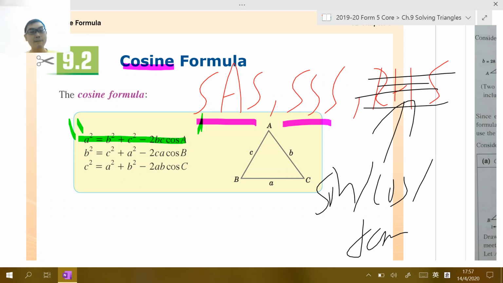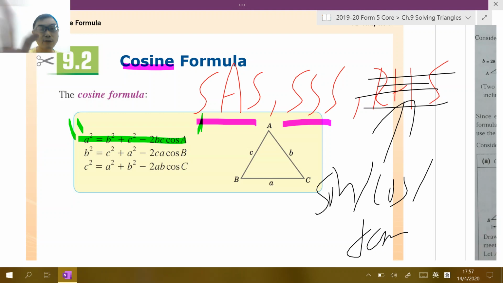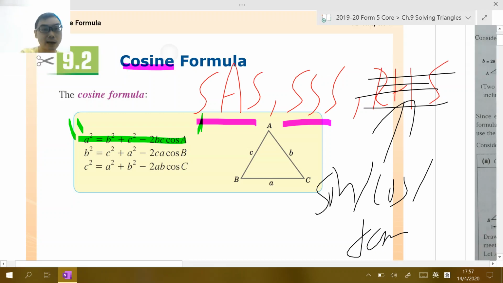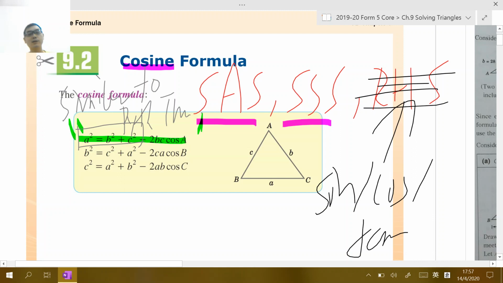If you cover the last part, you see a squared equals b squared plus c squared, which is very similar to Pythagoras' theorem. But actually this is not Pythagoras' theorem, because you are not dealing with a right angle triangle. So I will just say it is similar to Pythagoras' theorem, but not actually Pythagoras' theorem.